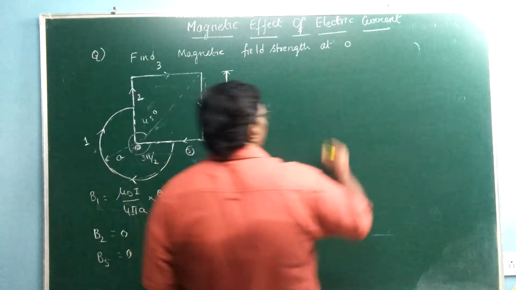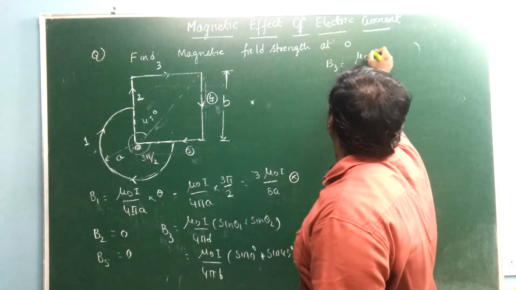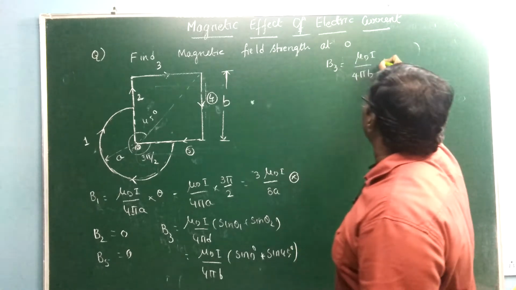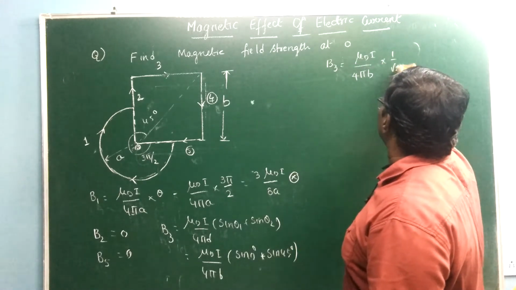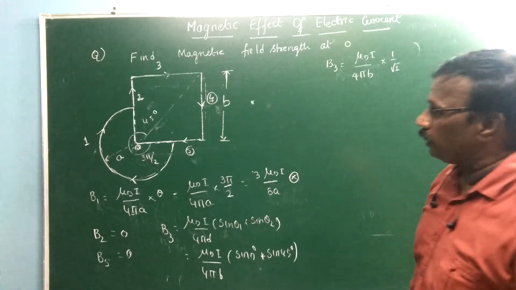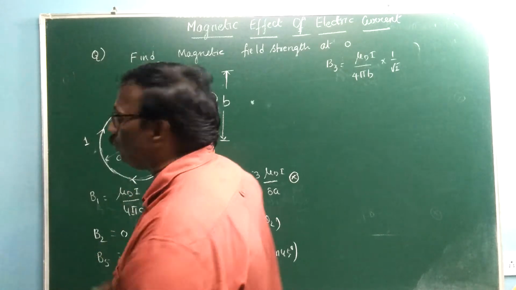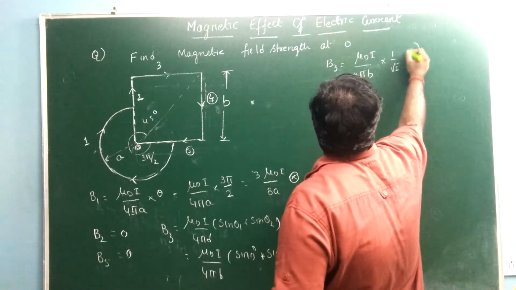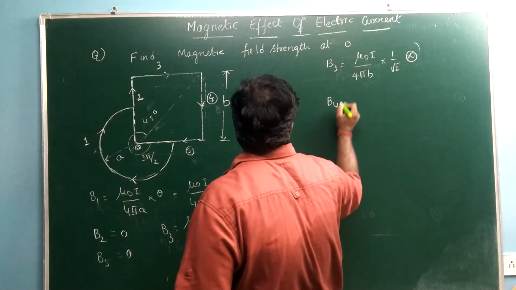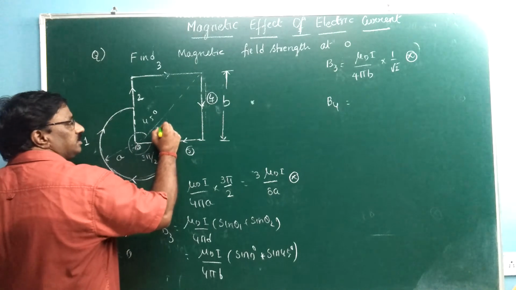So B3 comes out to be mu naught I by 4 pi b into sin 45, which is 1 by root 2. And what is the direction? Above is out and below is into, so it is into. That is B3. Coming to B4, it is also a finite conductor, and this angle is 45 degrees.